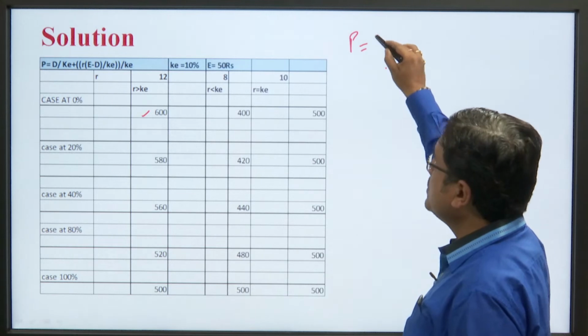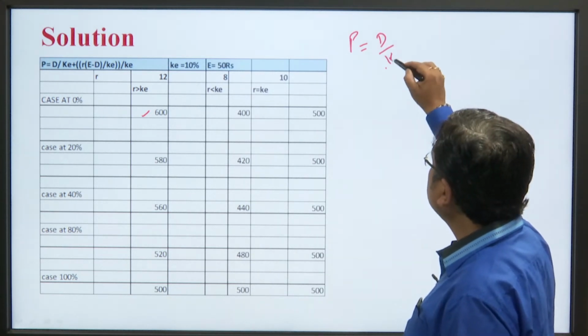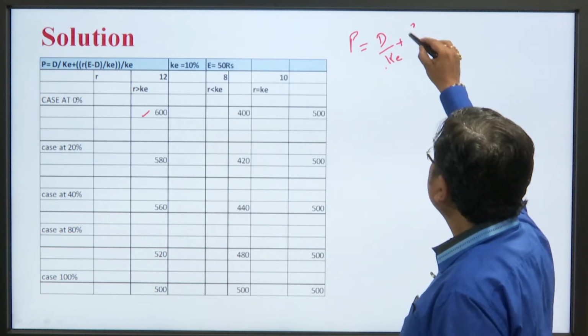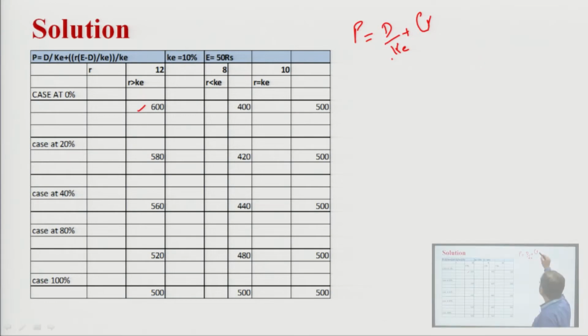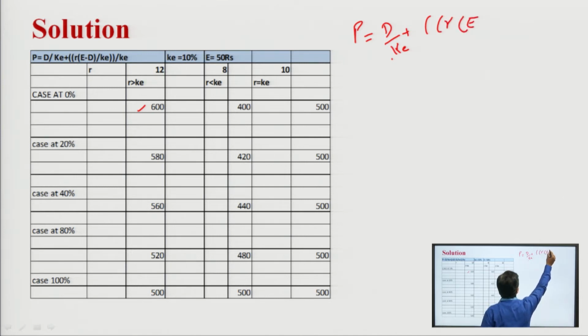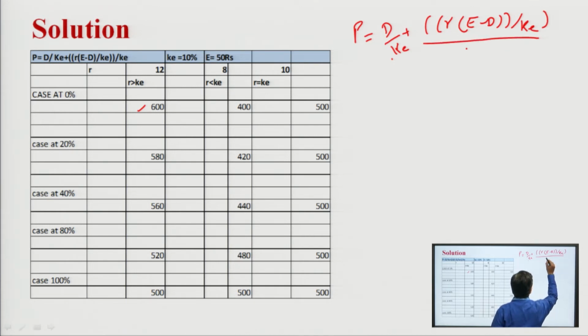Question: P equals to D divided by K plus R into E minus D, close the bracket, divided by K, close the bracket, and whole divided by K.